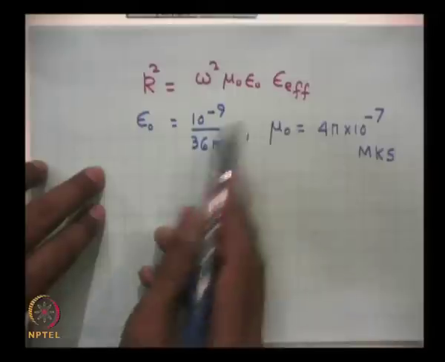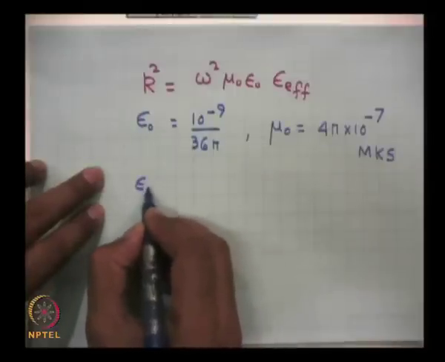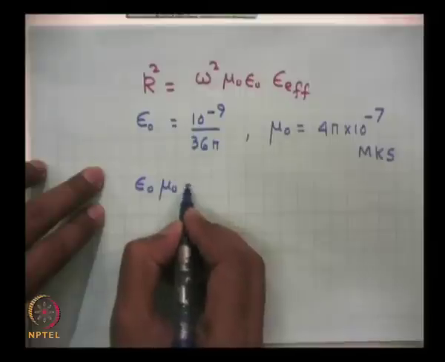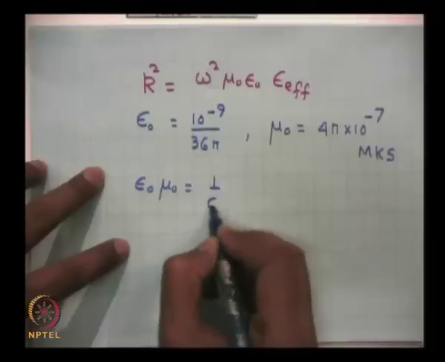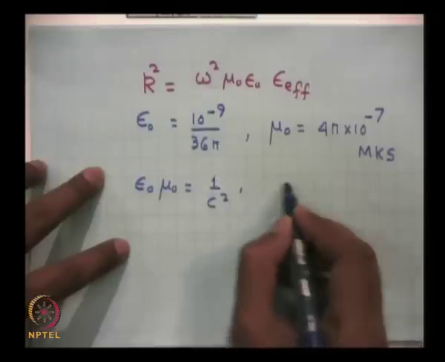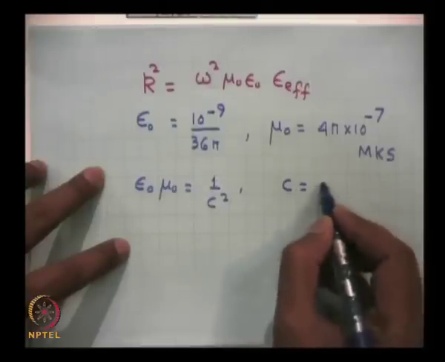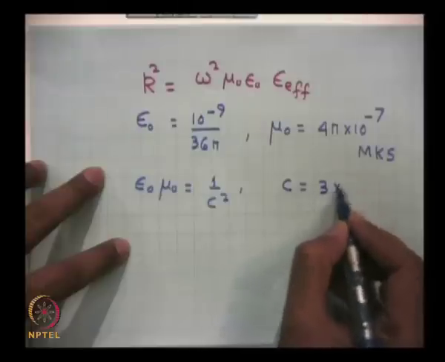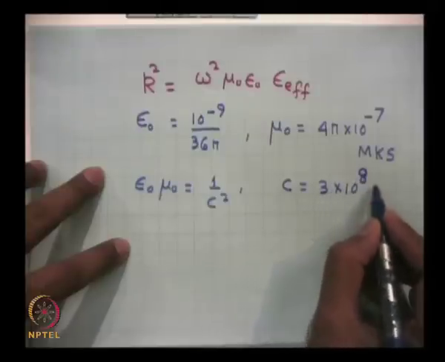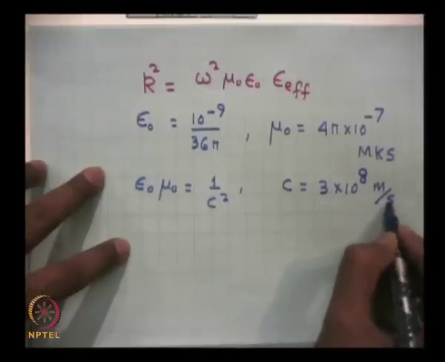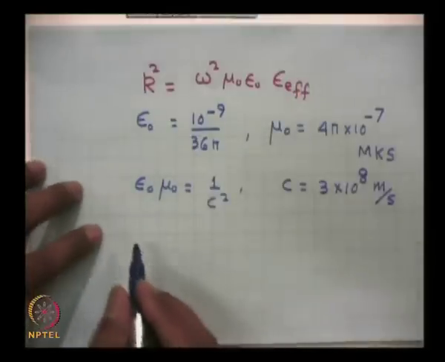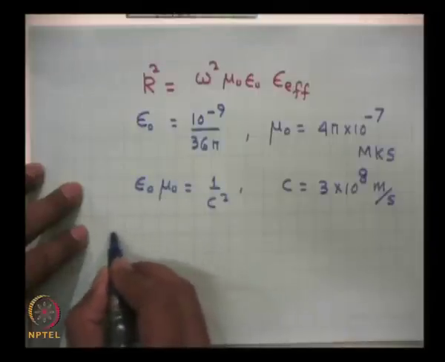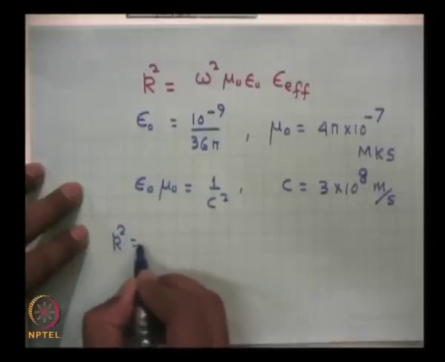If I put these values, epsilon 0 mu 0 turns out to be 1 upon c square, where c is the velocity of light in free space given by 3 into 10 to the power 8 meter per second.